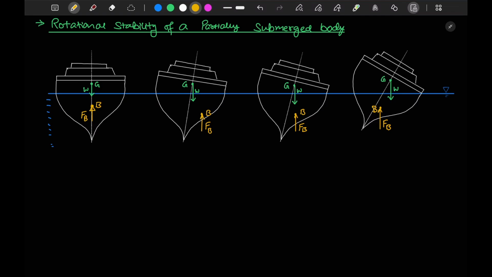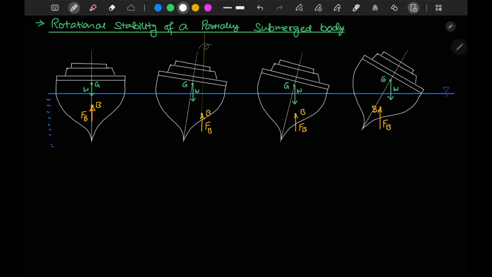So what will happen? To study this, we have defined a new concept, the metacenter. We extend the line of the buoyant force.